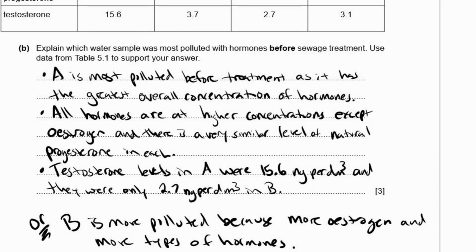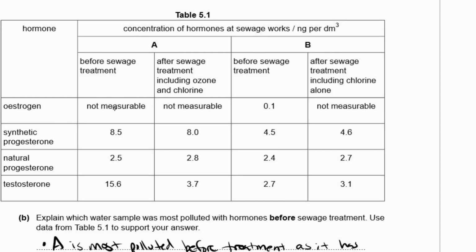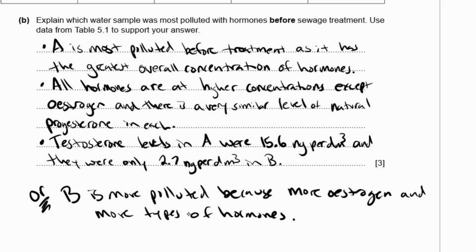So if you look at this, estrogen goes from not measurable to 0.1 nanograms per decimeter cubed. That doesn't sound like very much. And B has 4 types of hormones and A has 3. So here are 2 points that you could make: more estrogen and more types of hormones. And the other thing is a data quote as well, a valid data point.